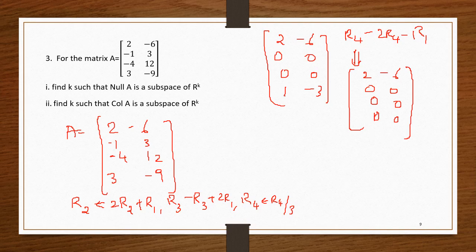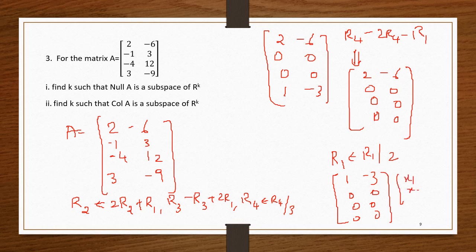Next we can write R1 as R1 by 2. So the final matrix will be equal to 1, minus 3, 0, 0, 0, 0, 0, 0. If you write x1 and x2 as two variables, since we have two columns, we have one pivot variable, that is x1, and one free variable, that is x2.